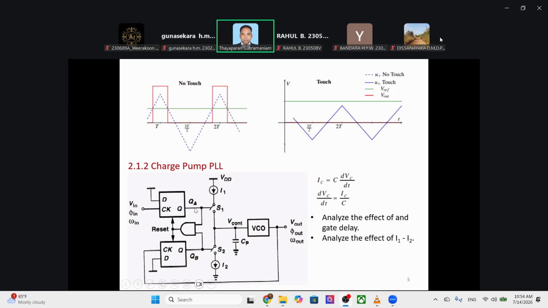So if QA is leading, we have a positive voltage across the capacitor. If QB is leading, we have a negative voltage across the capacitor. That capacitor voltage drives the VCO, the voltage controlled oscillator.